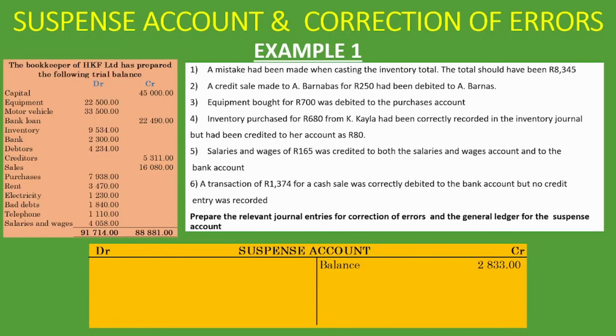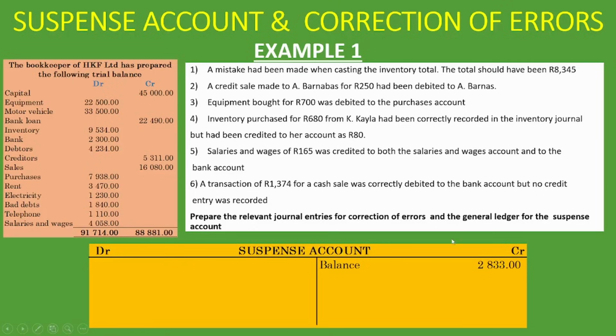That's easy marks, all right? So you look at the side which is smaller and you put it at that specific side on the suspense account. If the debit side was the smaller side, then on the suspense account, we would put balance on the debit side and put the amount by which the debit side is smaller. I hope that is clear enough. Very easy to do. That's the first thing you always do when you're dealing with the suspense account. You do the balance and understand that you put it on the side which is smaller.